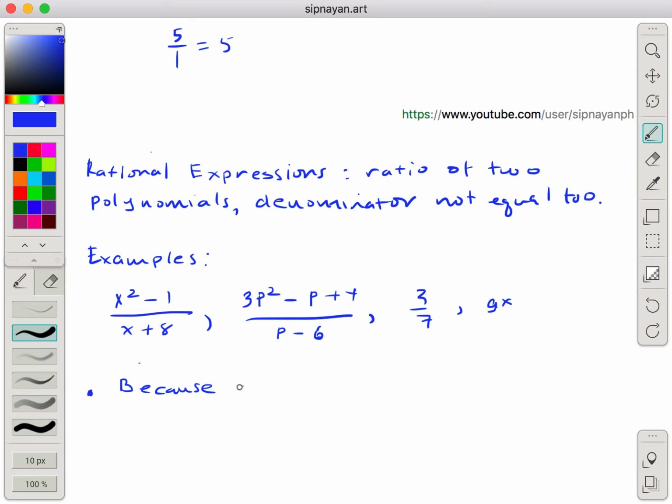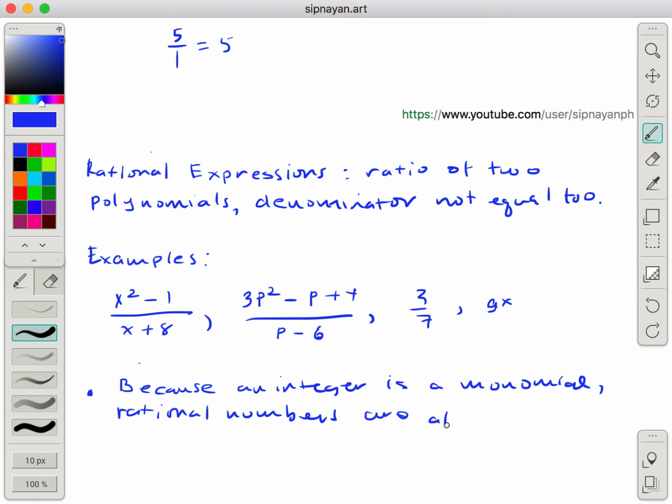An integer is a monomial. Then rational numbers are also rational expressions. So lahat pala ng rational numbers ay rational expressions din kasi yung integers kasi ay nag-fall siya sa category ng monomial.